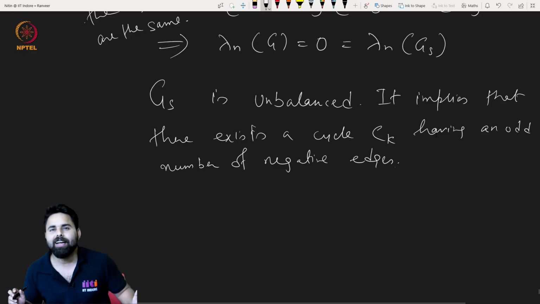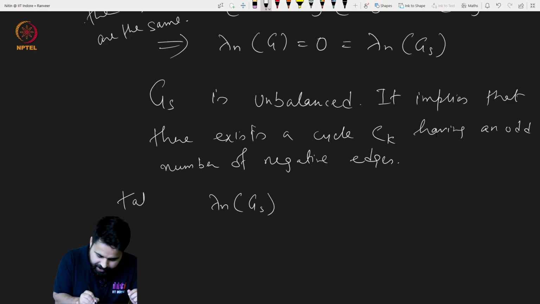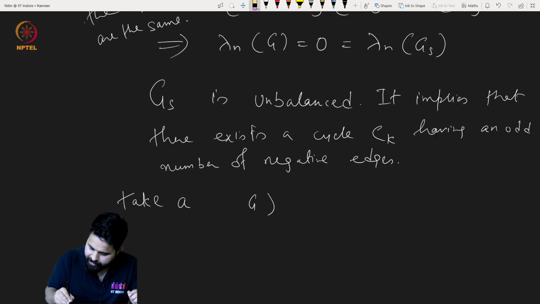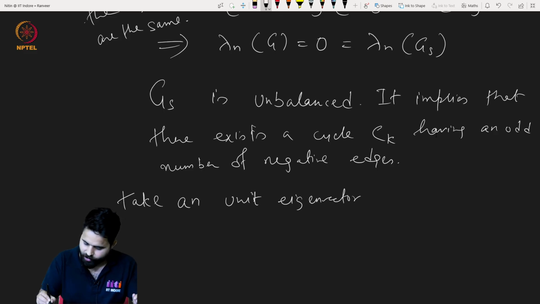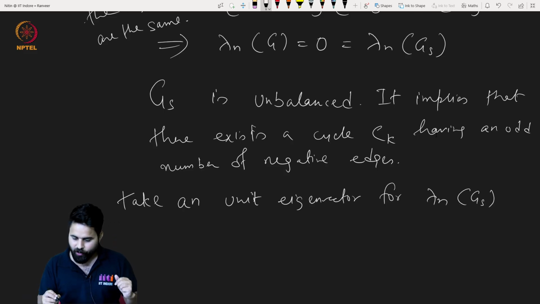So let us take lambda n of GS, and take a unit eigenvector for lambda n of GS, so for the smallest eigenvalue of the signed Laplacian.